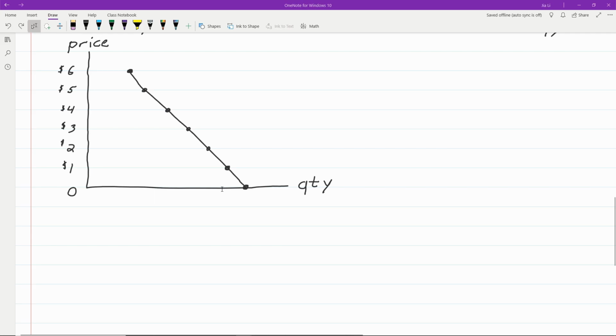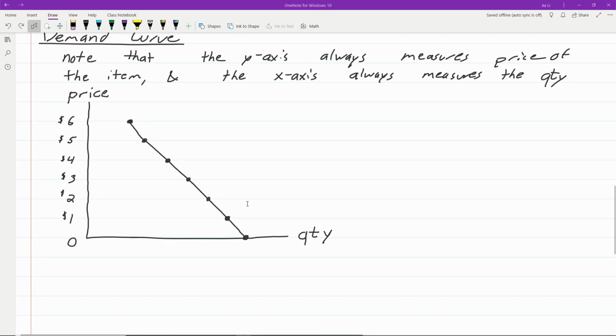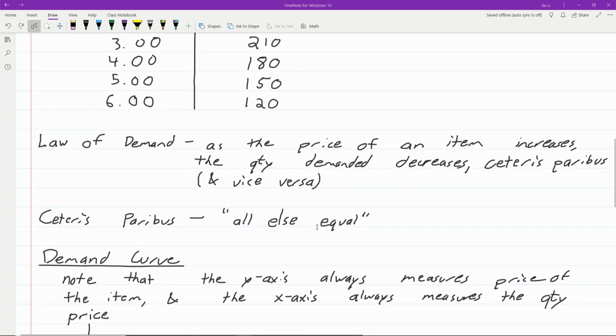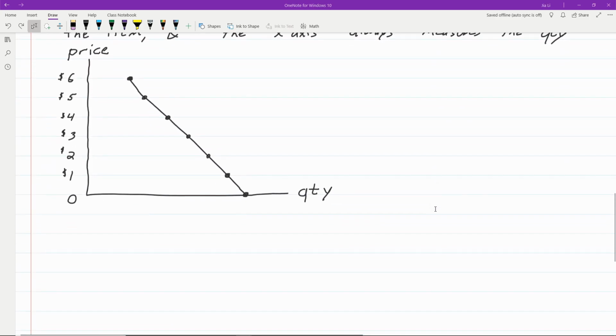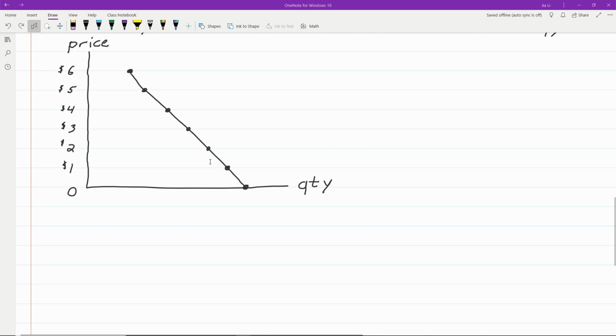And last but not least, note that this line also has a negative slope, right? It's going down, sloping downward. And that is, of course, due to this idea, the law of demand, right? As the price of an item increases, quantity demanded decreases, ceteris paribus.